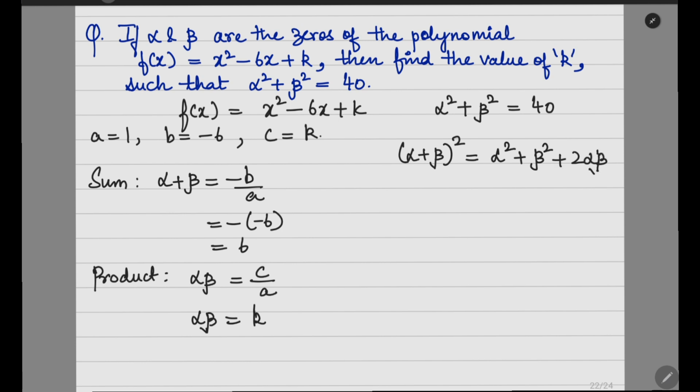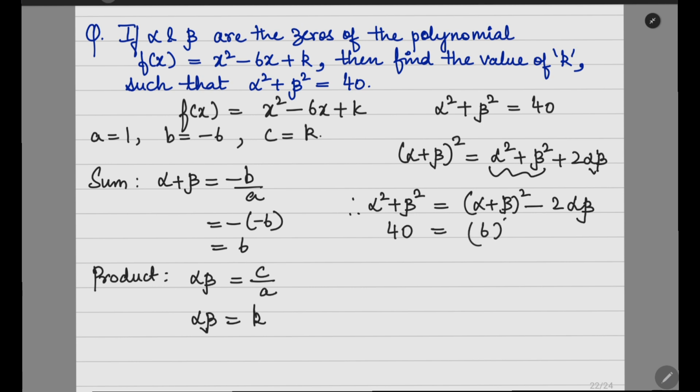Therefore, alpha square plus beta square will be equal to alpha plus beta the whole square minus 2 alpha beta. So 40 is equal to, what is alpha plus beta? 6, the whole square, minus 2 into alpha beta, which is nothing but k.